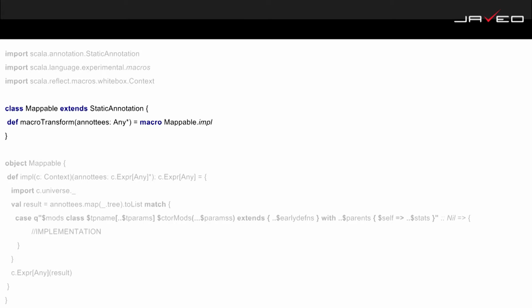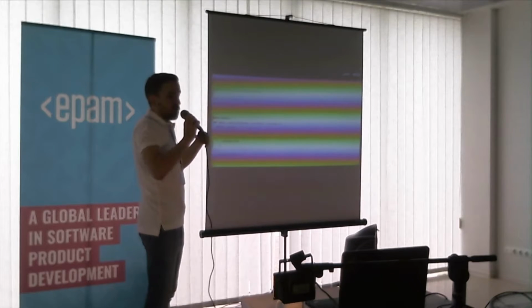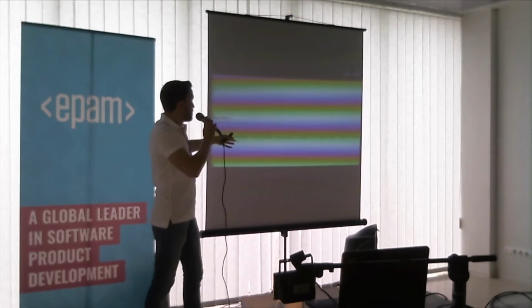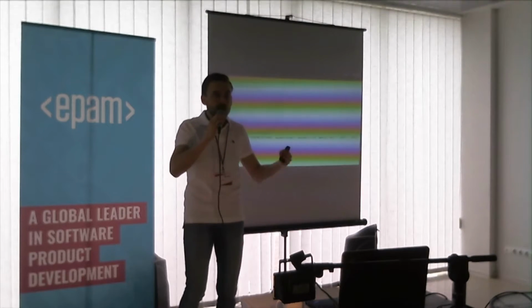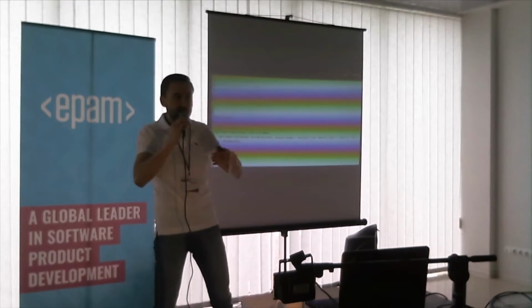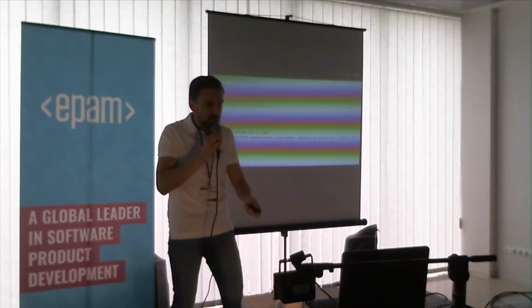And the final implementation of our mapable annotation. The structure is again almost the same. What differs here is this case pattern. In the documentation you will find different patterns for different annotees. So a case class will have a different pattern than definitions or values. Let's focus on the implementation.